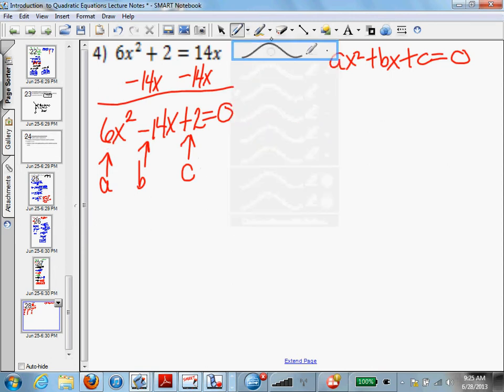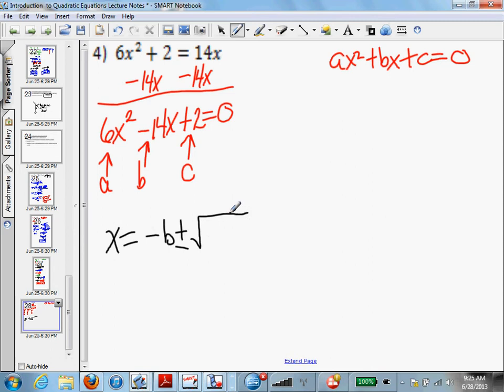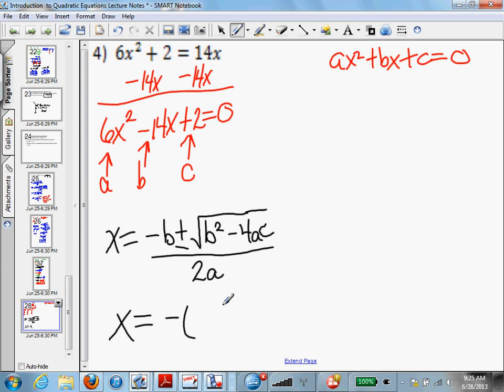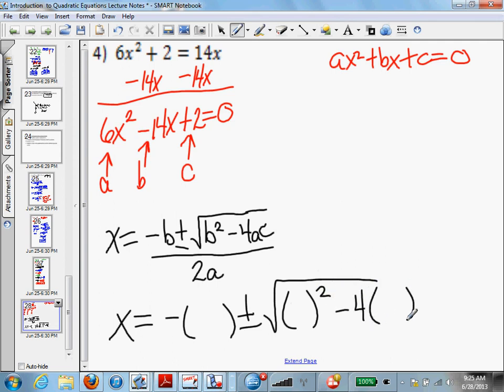Okay, so now you could simplify, or you could just plug it straight into the quadratic equation of x equals negative b plus or minus the square root of b squared minus 4ac. So now let's go through, and I'm actually going to write every variable with an open set of parentheses, and then go through and fill those in just a second.